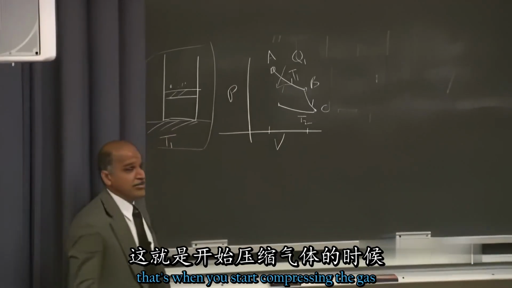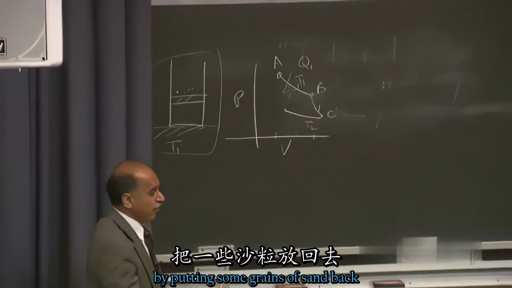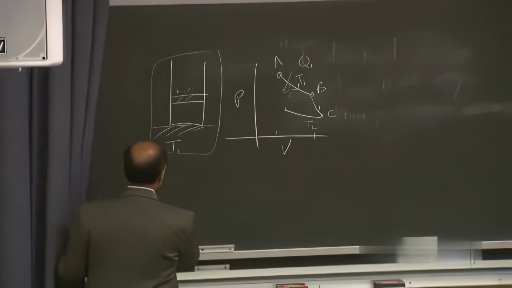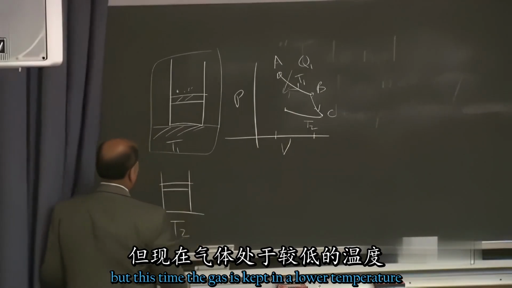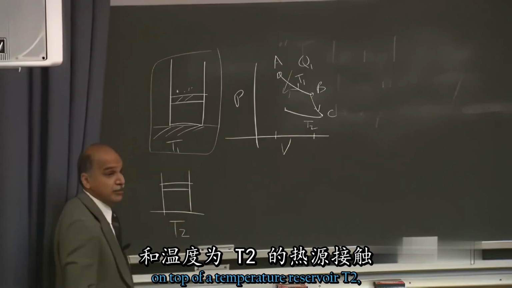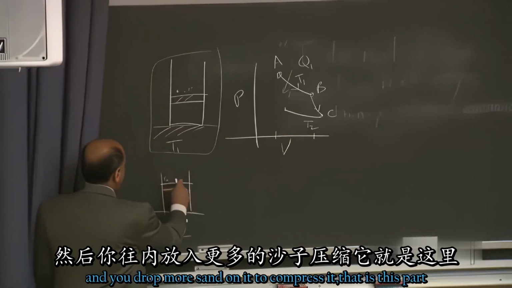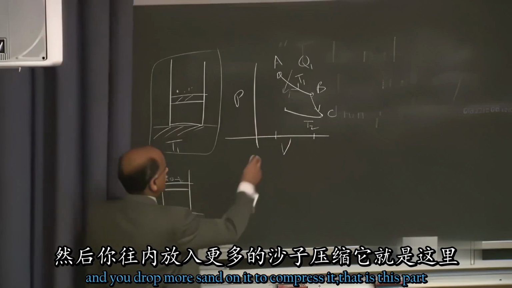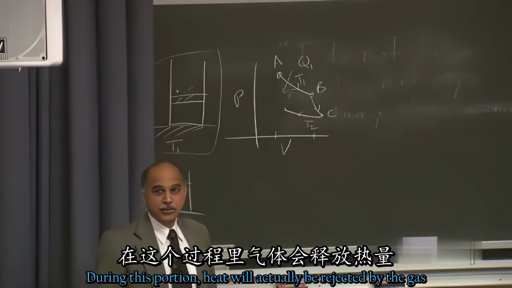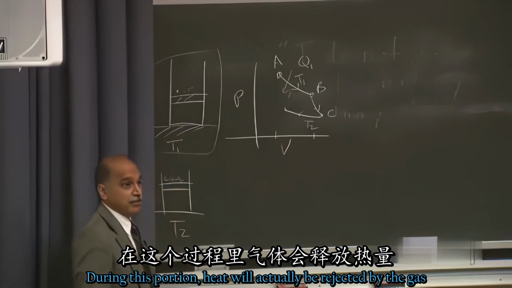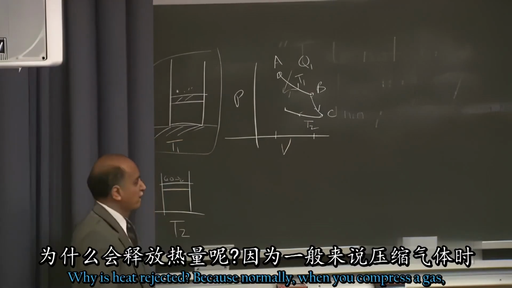That's when you start compressing the gas by putting some grains of sand back, but this time the gas is kept at a lower temperature on top of a temperature reservoir T2, and you drop more sand on it to compress it. That is this part. During this portion, heat will actually be rejected by the gas. Why is heat rejected?